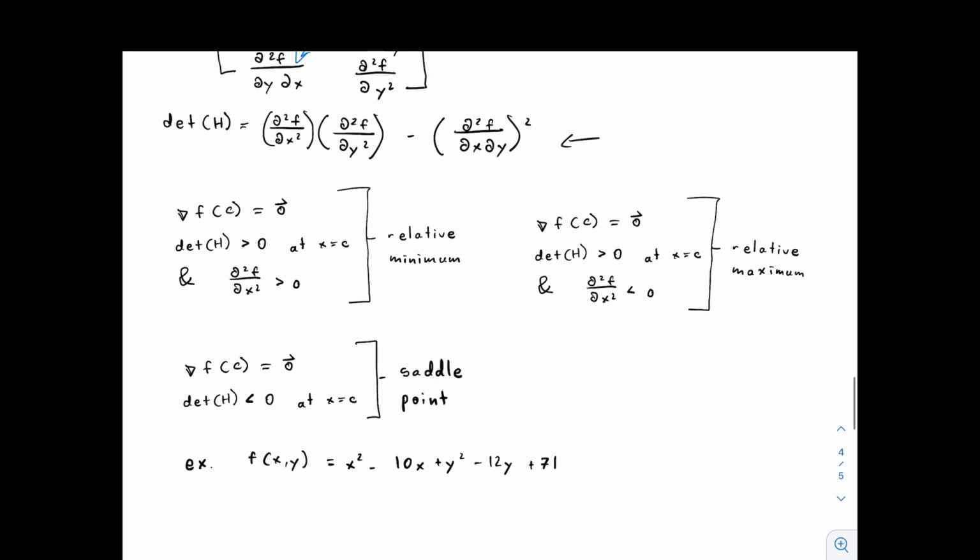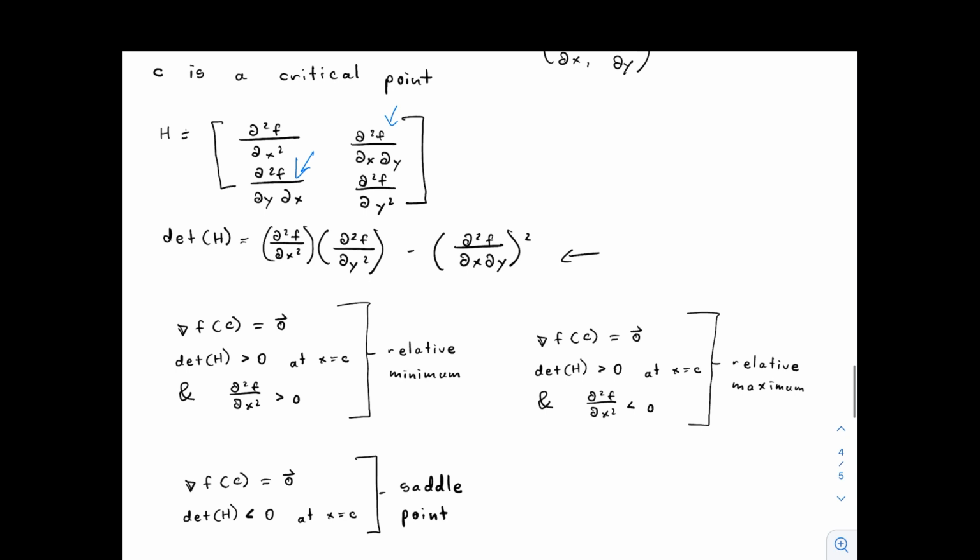What we want to think about is how we found the determinant of H. If the determinant of H is positive, then that indicates that this first term here is positive, and because that's positive, that shows that they have the same sign.